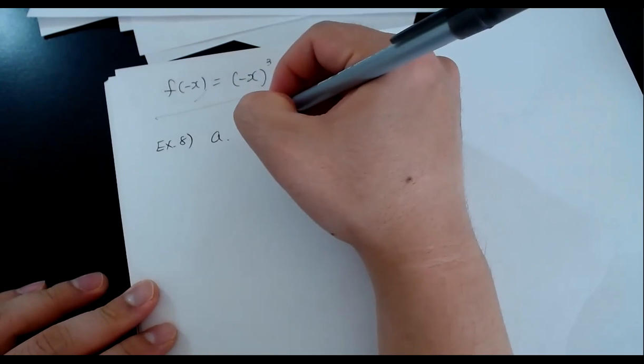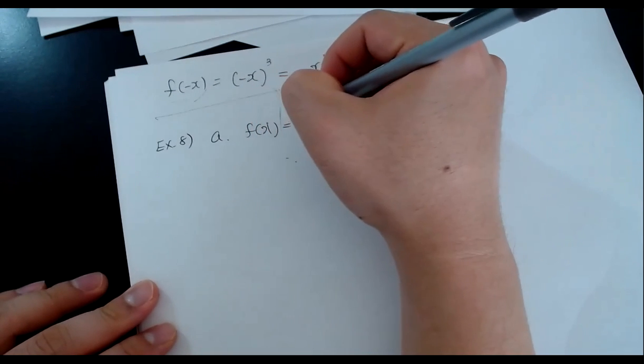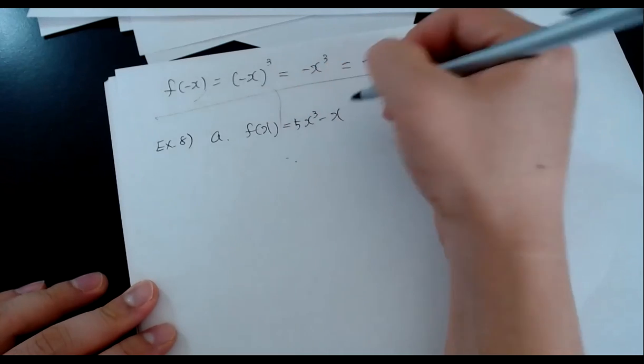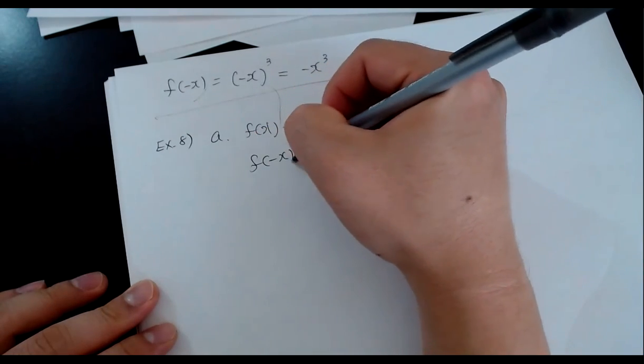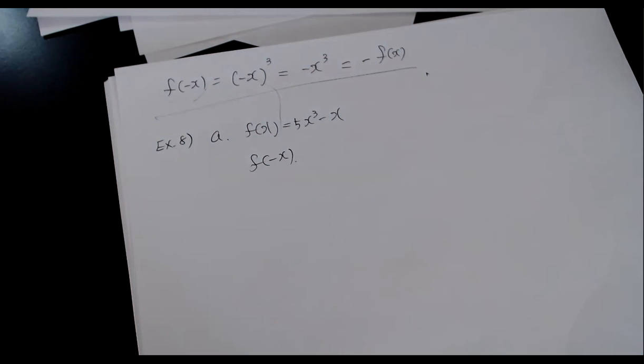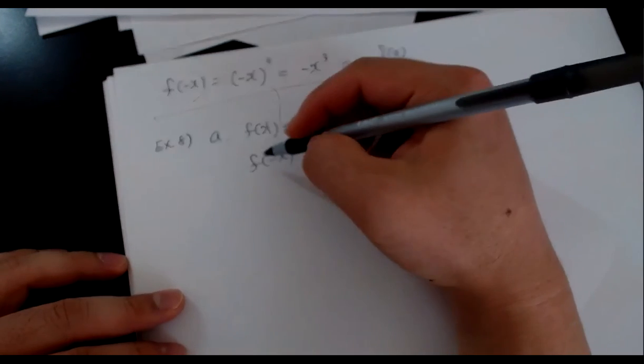So A: f of x is equal to 5x cubed minus x. Okay. So then what? We start from f of negative x. To figure out whether f of x is an odd function, an even function, or neither, you have to start from f of negative x.